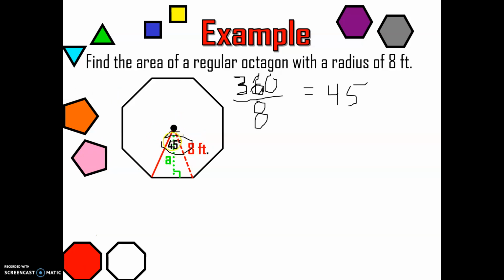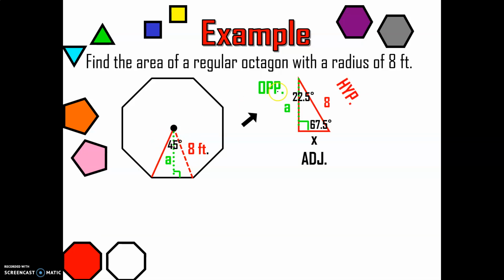We're going to divide that in half, and we will end up with a triangle that looks just like this. So we've got a right triangle here with a 22.5 degree angle here, and subtracting that number from 90 will give us 67.5.